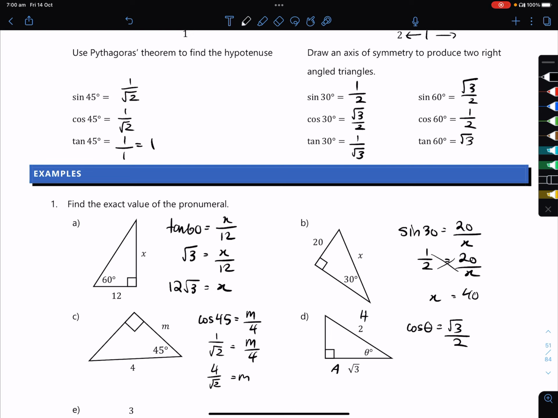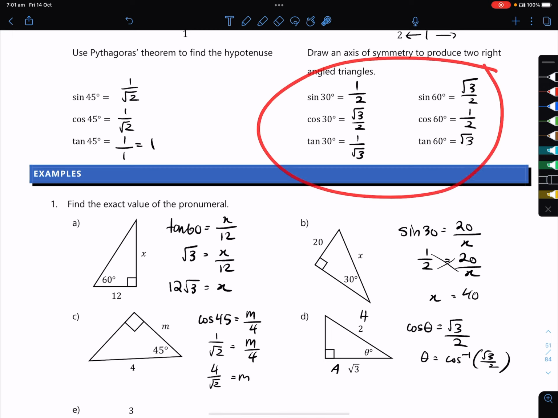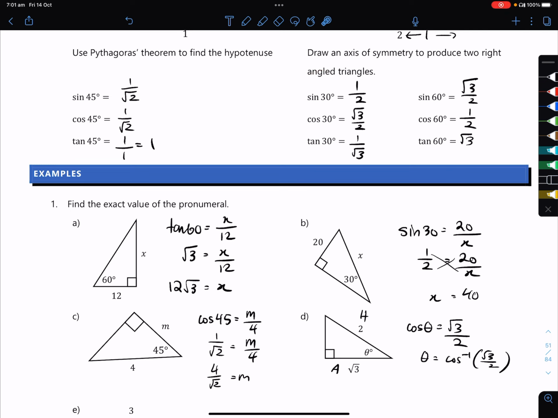This time, what we're going to do is just write theta equals inverse cosine of root 3 over 2, which without a calculator, you can actually find out from this table here. So the angle that you need is going to be 30, which gives root 3 over 2. So theta is simply 30 degrees. Okay.